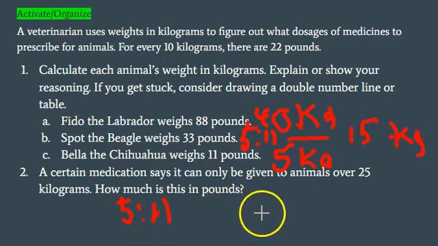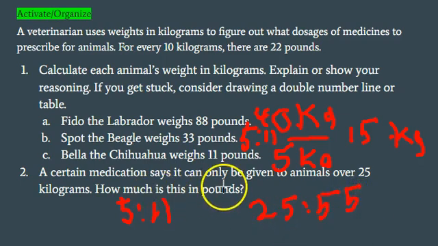How do you go from 5 to 25? Yeah, multiplying by 5. So that would mean we'd multiply the 11 by 5, which gives us 55. So this medication can only be given to animals that are over 55 pounds.